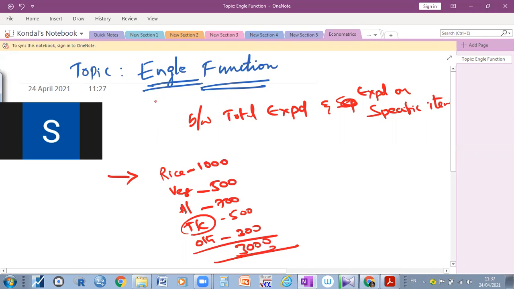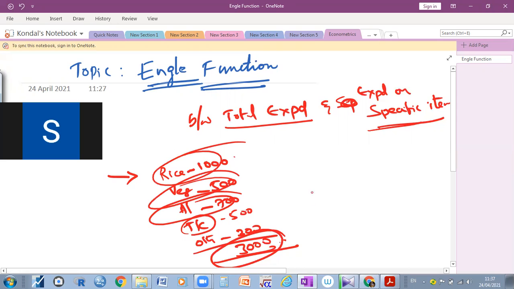So the Engel function shows the relationship between total expenditure and expenditure on a specific item. If you want to know the relationship between this total expenditure and a specific item, say alcohol or rice or vegetables, that is the Engel function.